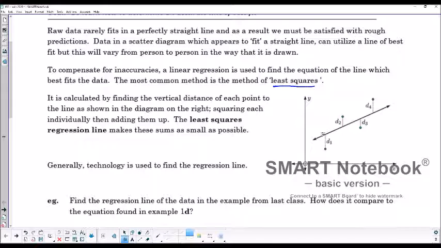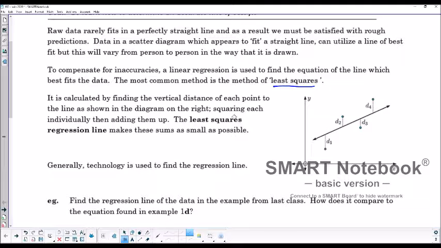We have to draw vertical lines from each of the points to the line of best fit, and then we square each of them, and we're trying to minimize the squares that can be drawn from each of these points to the line to have the regression line be the best fit possible.